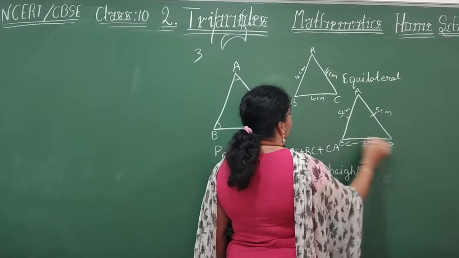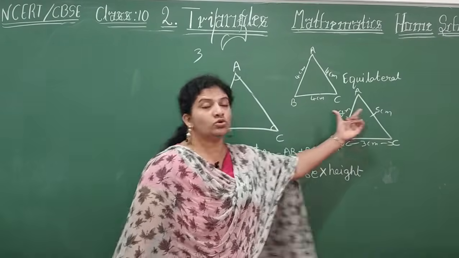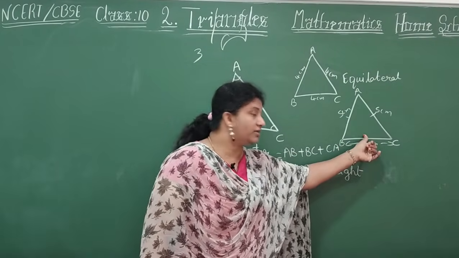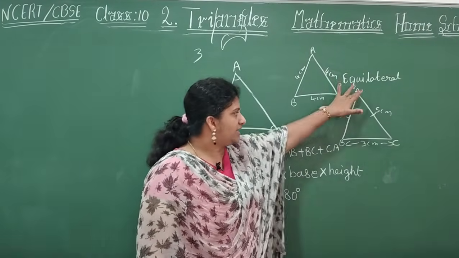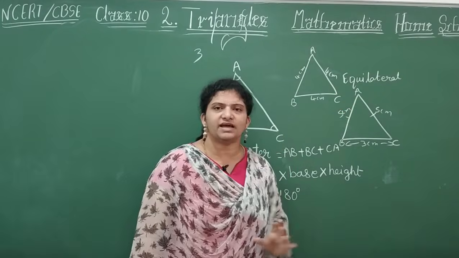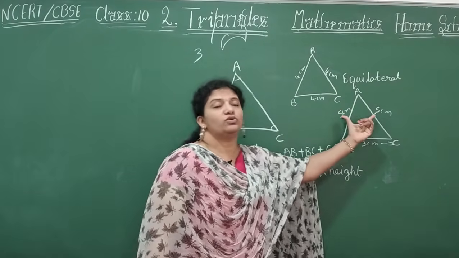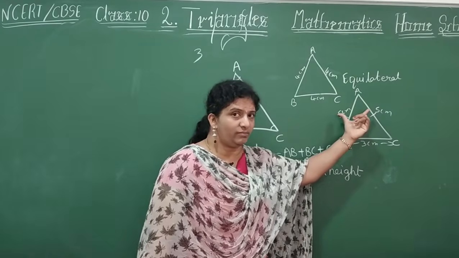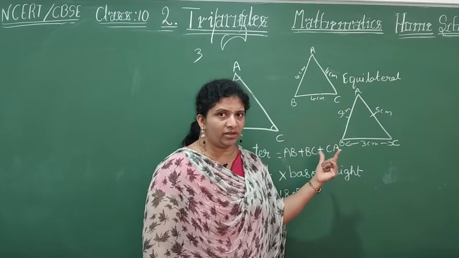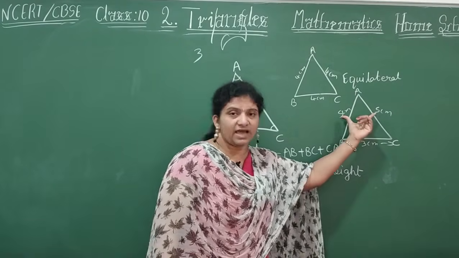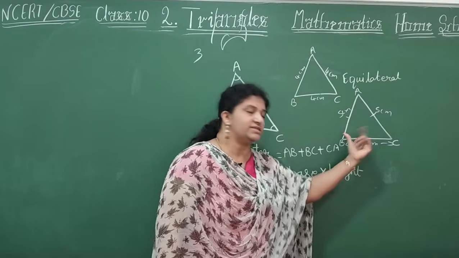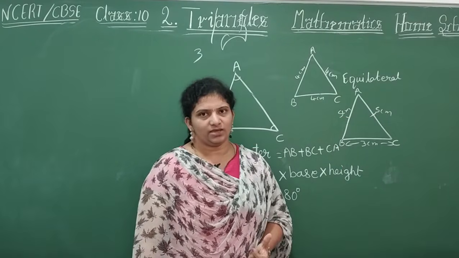So observe here carefully. Two sides are equal but not the third side. Okay, these AB and AC sides are equal. Then if two sides are equal, we learned one statement before. Do you remember? What is that? If two sides are equal, their opposite angles are also equal.